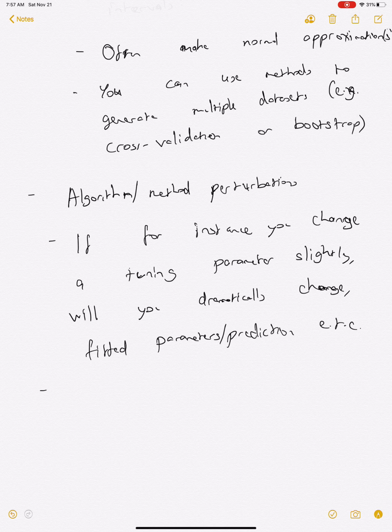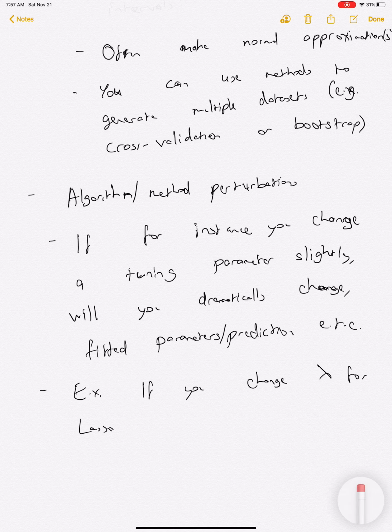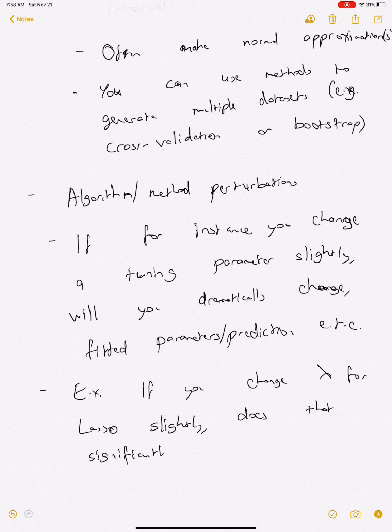So, if you change lambda for the lasso a little bit, slightly, does that significantly change results?